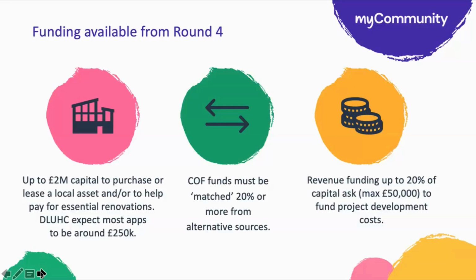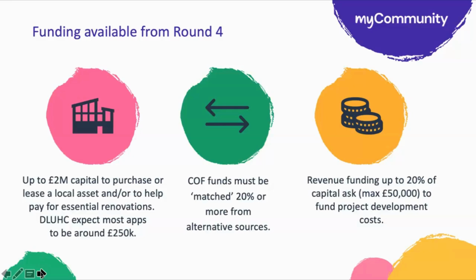You can make an application for up to £2 million of capital funding to purchase or lease an asset, or to pay for extensions or renovations. Although the guidance in the prospectus, and the prospectus for round 4 has just been published, and we do include the link to that in this set of slides, states that DLUC, that's the Department of Levelling Up, Housing and Communities, that I'm going to call DLUC for the rest of this webinar, expects most applications to be around about 250,000.